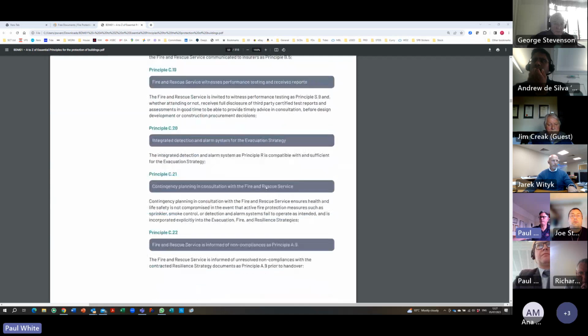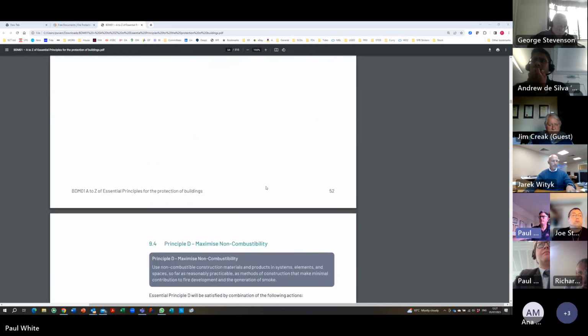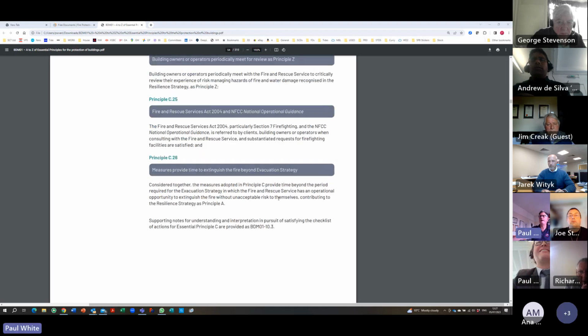Within this C consideration of firefighting, there are 26 principles that people should be thinking about, and I bet that most people never even thought there were 26 principles to do with whatever it is. And then of course you're so resilient, so you've got to refer to principle Z here and principle C here and all the rest of it.